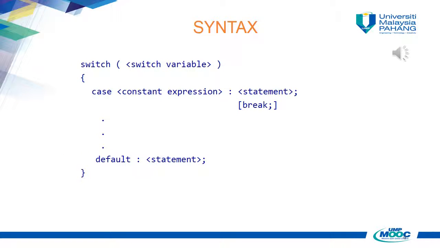Here is how the syntax for the switch statement looks. The condition of a switch statement, that is the switch variable, is a value. The case says that if it has a value, in this case the constant expression, equal to the switch variable, then do whatever follows the colon. The break is used to break out of the case statements.